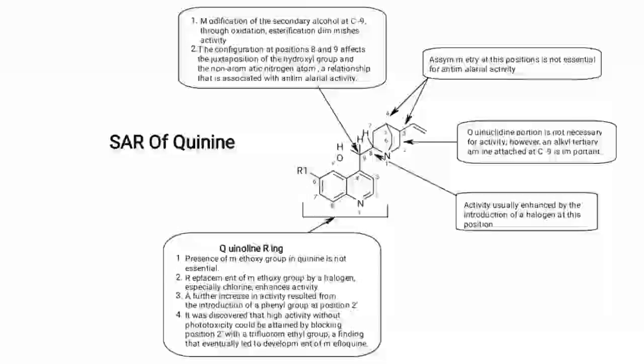And it was discovered that high activity without phototoxicity could be attained by blocking position 2 with a trifluoromethyl group, a finding that eventually led to the development of mefloquine. So position number 2 plays a great role.